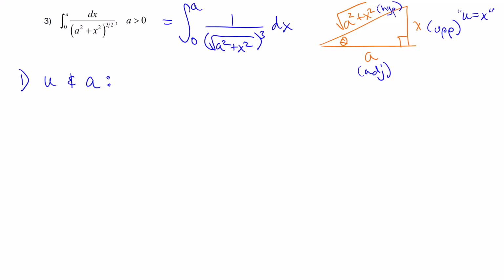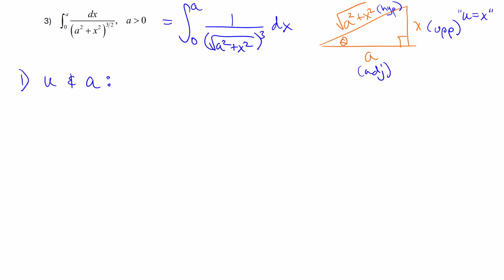I didn't draw both triangles. Sometimes I'm drawing the general one with the u and the a, and the one with the number and the x. In this case, I just drew the x because there was no numerical value for a. It was just given as a. But in that case, u is really like the x, because x squared is like u squared. So I want to write a ratio involving u and a.